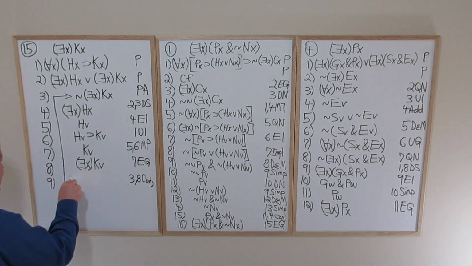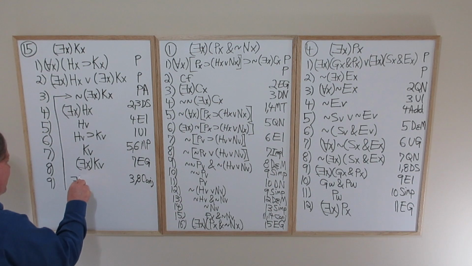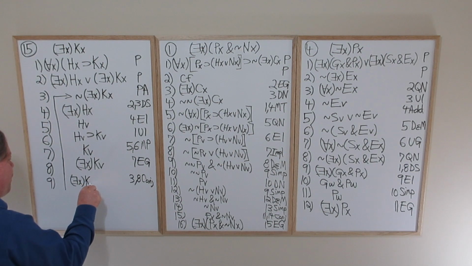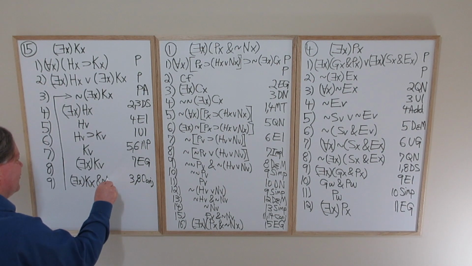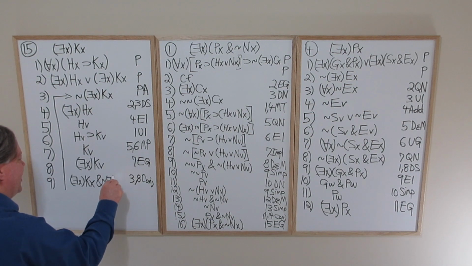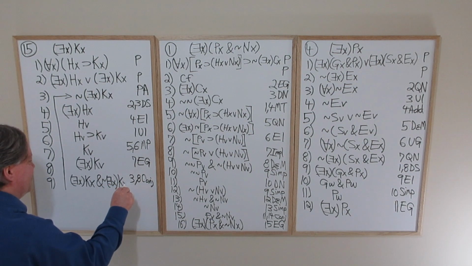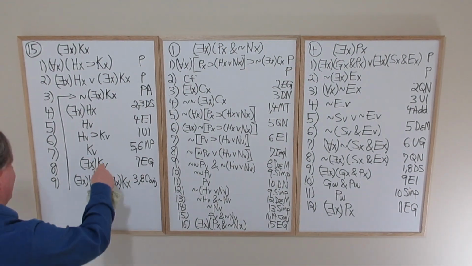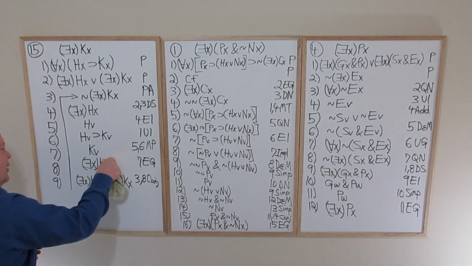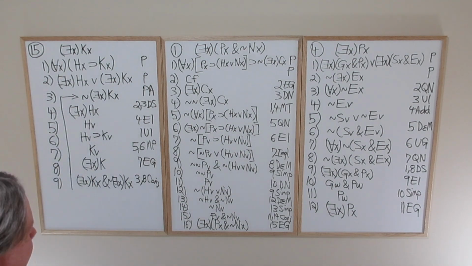conjunction will give us there's at least one x such that x has been to Krakow, and it's not the case there's at least one x such that x has been to Krakow. Oh, little error there. I'm sure you noticed it watching the video.